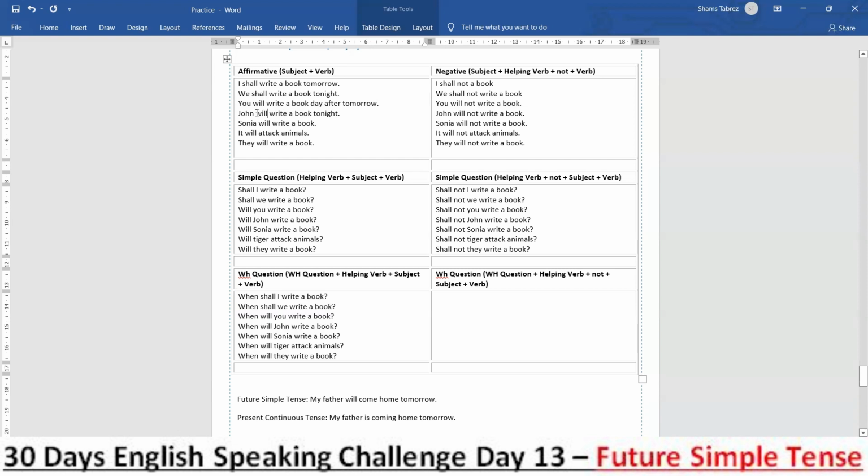But you see, in the question, will is used, right? So your answer should also be with will. If it is a strong intention, then you can use shall. Okay. Yes, next, Sonia. When will Sonia write a book?